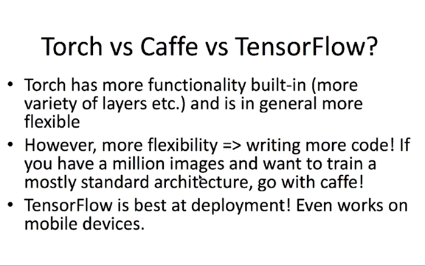If we want to compare Torch, Caffe, and TensorFlow, Torch has more functionality built in and is in general more flexible, and Caffe is flexible and modular. If you want to train on millions of images with a mostly standard architecture, we'll choose Caffe for those particular scenarios.